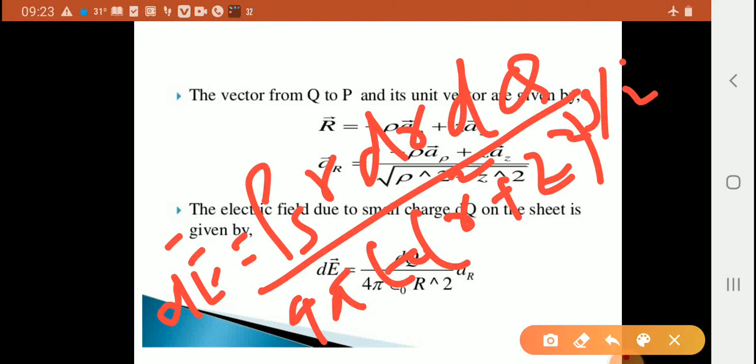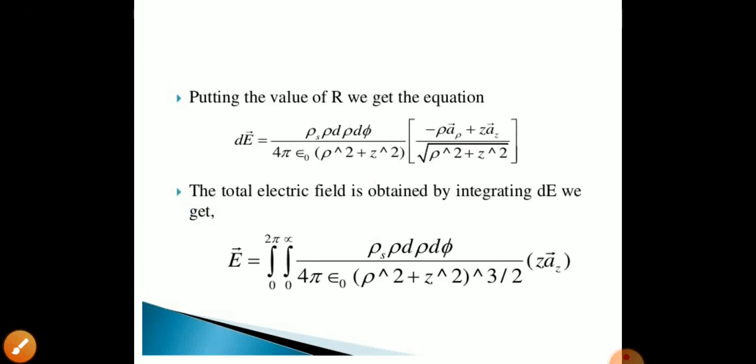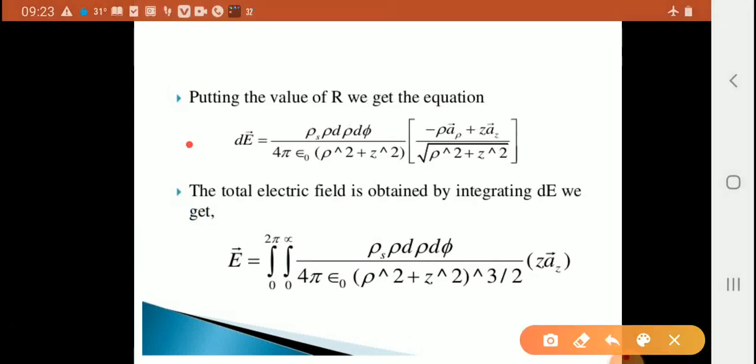Now to find out electrical field intensity at point P, again putting the value of r, we get the equations. Same process. In differential electrical field, dE equals rho s r dr d phi upon 4 pi epsilon 0 (rho square plus z square) to the 3/2 power and unity vector.